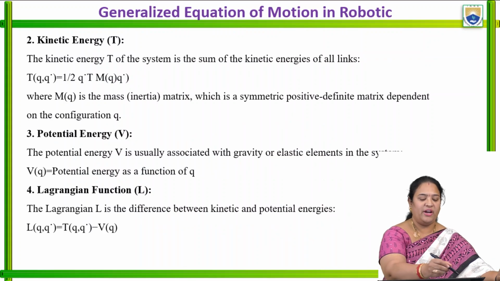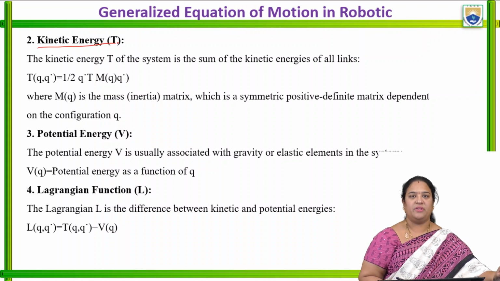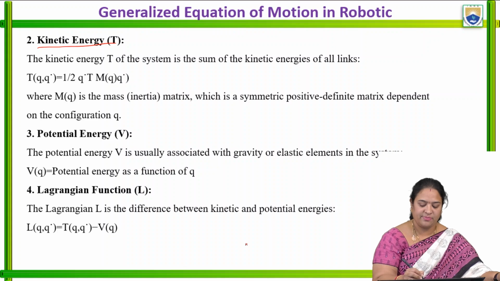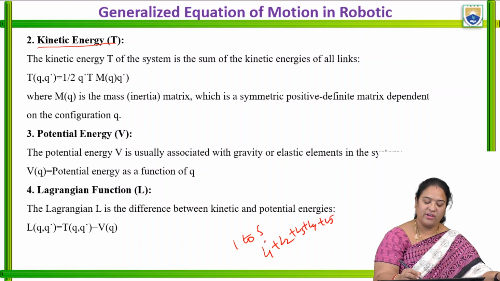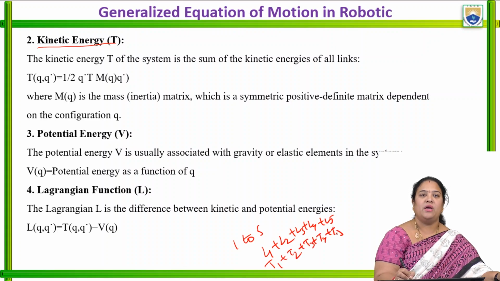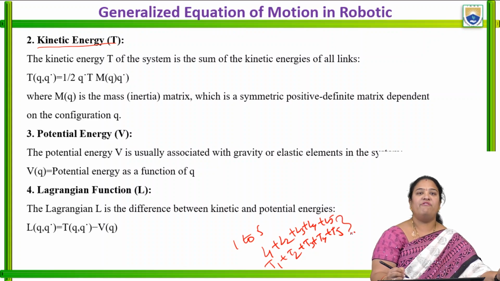Next we need to define the kinetic energy T. The kinetic energy T is the sum of the kinetic energies of all the links. If we have 5 links, that is T1 plus T2 plus T3 plus T4 plus T5, the sum of all 5 links together gives the kinetic energy.